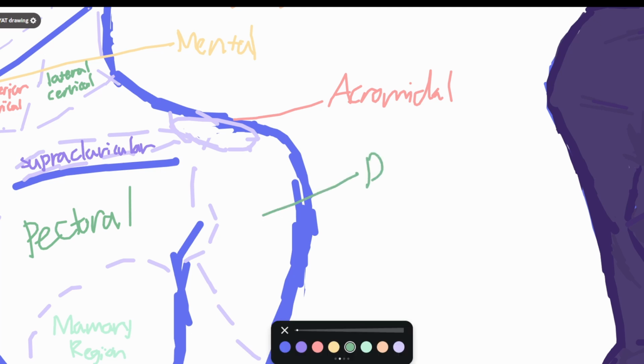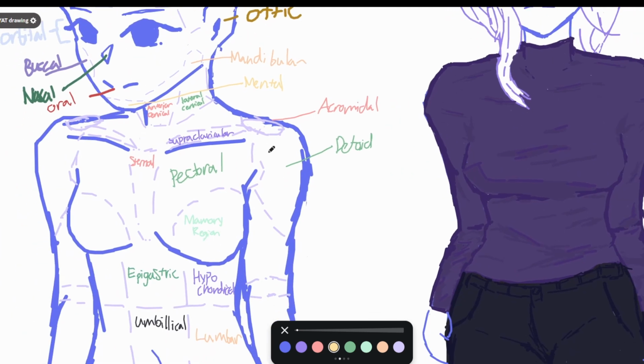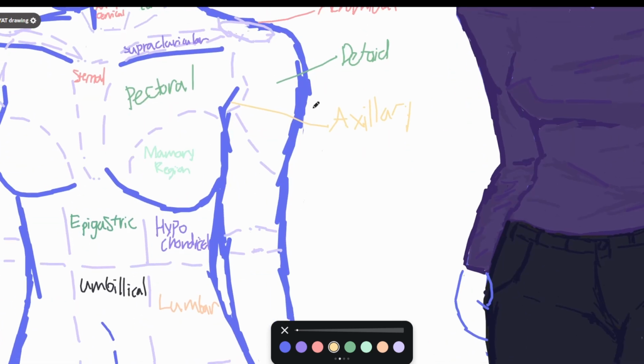You have your deltoid. It's just where the muscle group is, I think. And then over here, this section is referring to your armpit. I couldn't draw the person raising their arm, so this is a little bit scuffed. But that was called axillary. That's the axillary region.